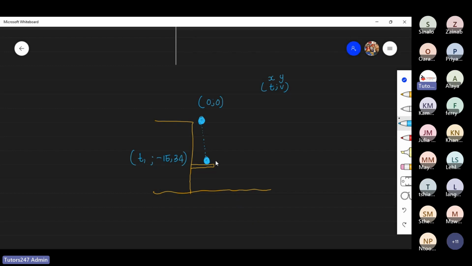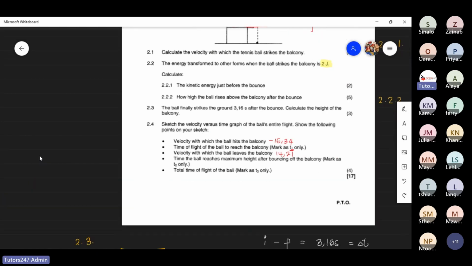From this point, my object rebounds off the balcony and reaches a maximum height. Now let us see if we need to put in a coordinate for when it rebounds. The velocity with which the ball leaves the balcony. Okay, so we do need to include the velocity with which the ball leaves the balcony. So that is 14.21. Do we need to include the time as well? The time the ball reaches the maximum height after bouncing off the balcony is T2.